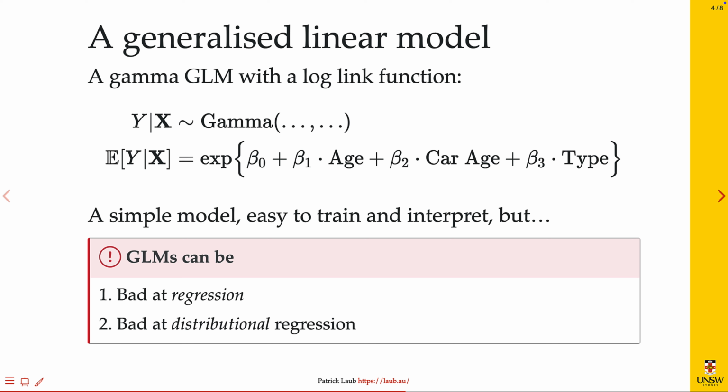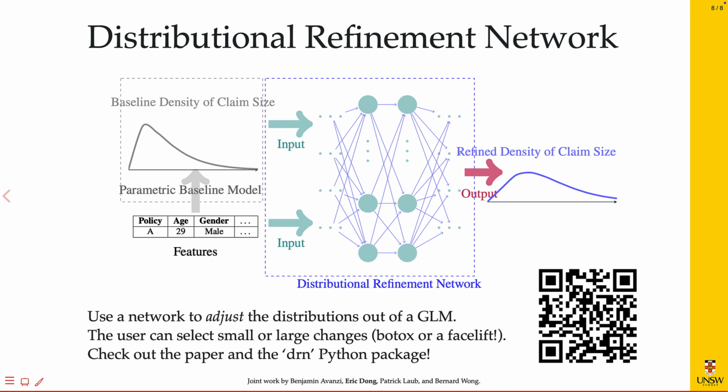And the superpower of neural networks, in my view, is that it can also handle image data and text data. I think that's the killer application of neural networks. And then there is the totally flexible output distribution as well. In the GLM, you're stuck with exponential families, basically. That's the distributional refinement model, right? Yeah, that's what I'm about to say.